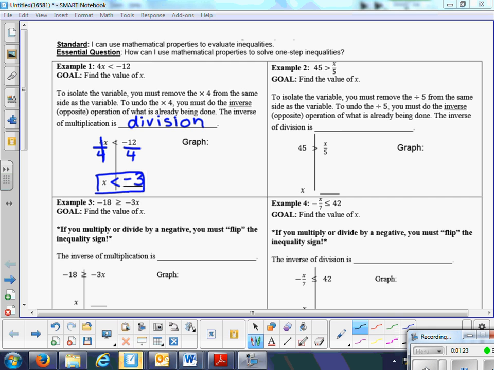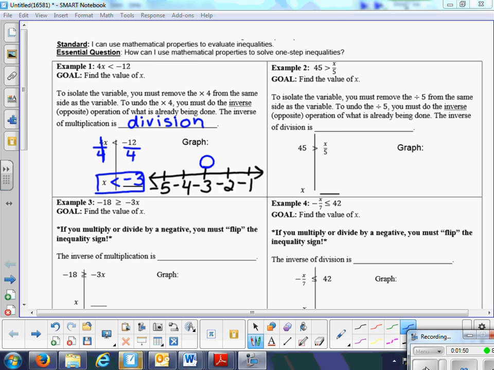When we worked on one-step inequalities with addition and subtraction, we learned how to graph them. We're going to put negative 3 there in the middle, work our way up a couple of units, and work our way down a couple of units. The solution is less than, so we're going to use an open circle.